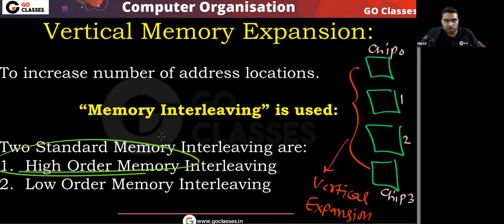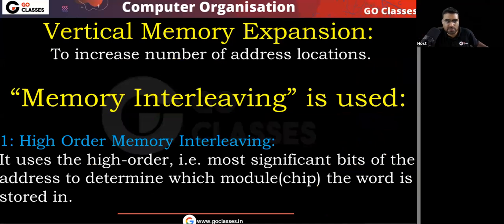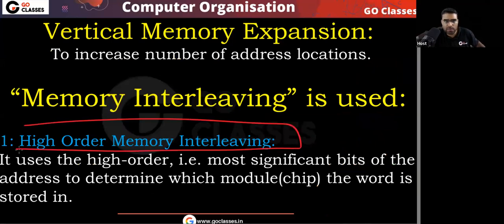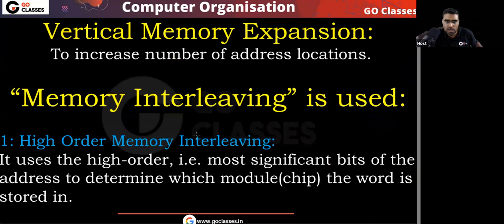In high order memory interleaving, what do we do? We use the high order bits, meaning MSB bits of the address, to select a memory chip. So this is the definition. Read this. In this, the high order bits, the MSB bits of the address, will determine the chip.